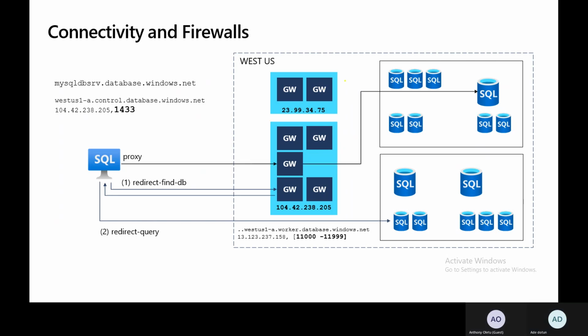Now, this is called a pool. If you look at these dash lines, that's the virtual network.